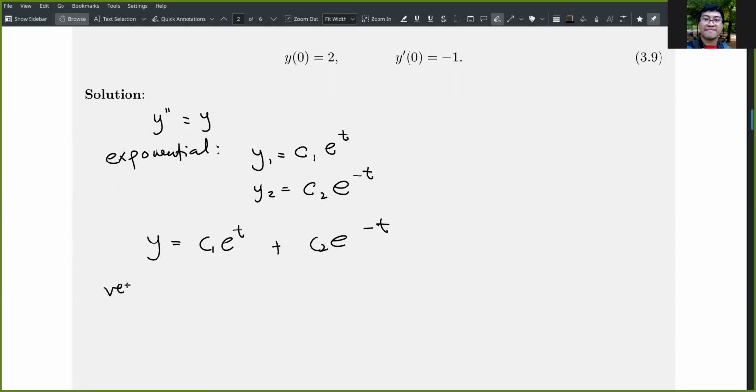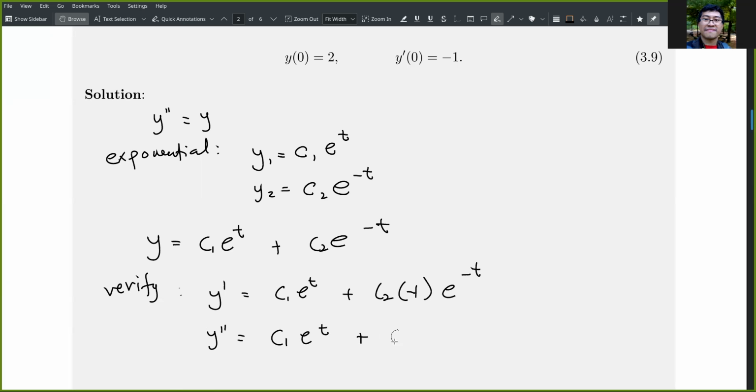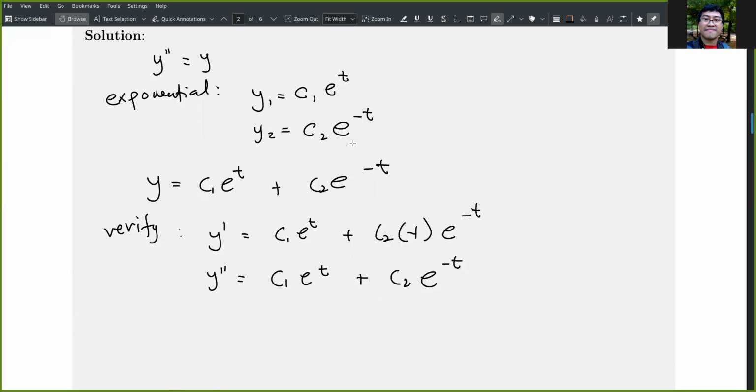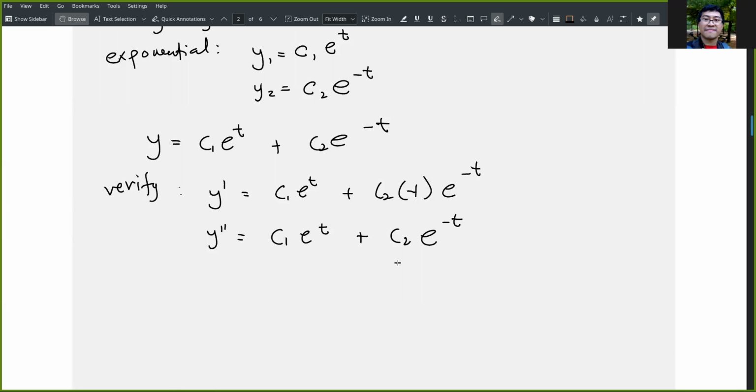If you want to verify that this is indeed a solution, we can take the first derivative, that would be c1 e^t plus c2 times minus 1 e^(-t). And then the second derivative, c1 e^t plus c2 times minus 1 times minus 1, that's 1, e to the power of minus t, which is just equal to y.